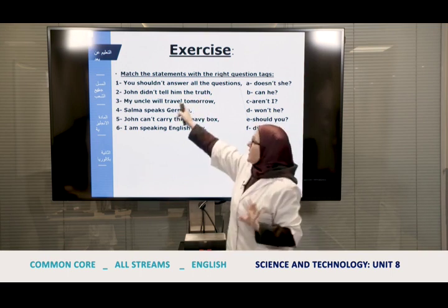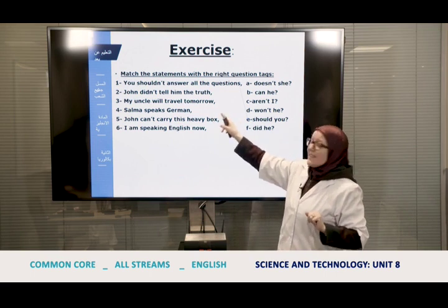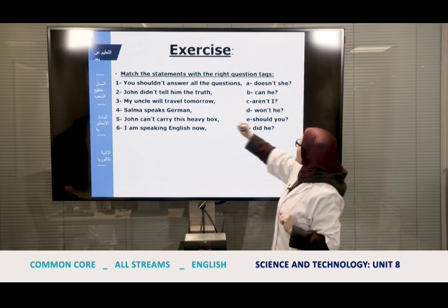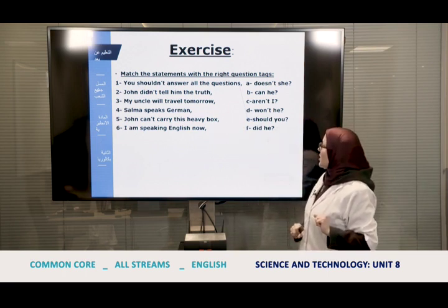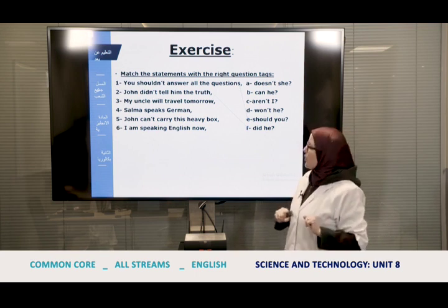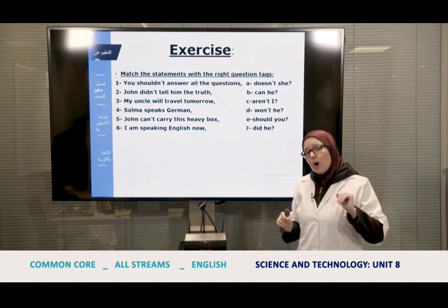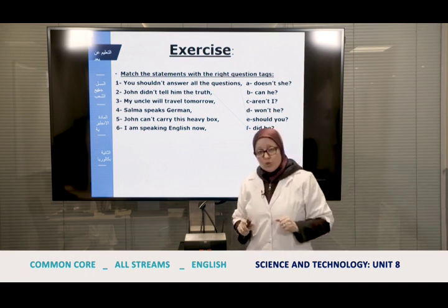When the sentence is in the negative form, it's easier for you to form the question tag. So John didn't tell him the truth. We have didn't, it becomes did. And John, we replace it with he. So this is the answer of example 2. Example 3 here. My uncle will travel tomorrow. Here we have will. It's a modal verb too, but it's an indication of the future.